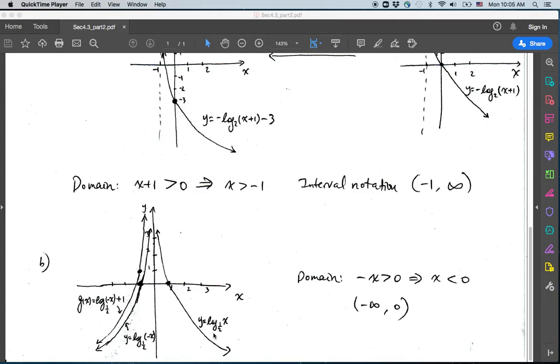Let's start with the parent function, which is y equals log of x with base 1/2. Since the base is less than 1, it is a decreasing function. You still have the y-axis being the vertical asymptote, (1, 0) being the x-intercept.